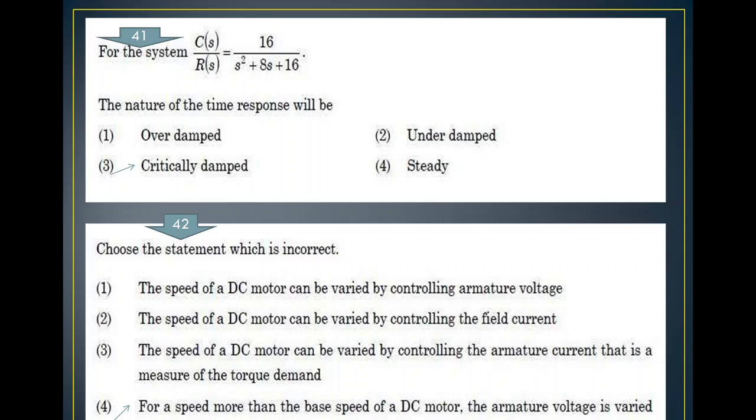Statement B. Second, the speed of a DC motor can be varied by controlling the field current. The speed of a DC motor can be varied by controlling the armature current.